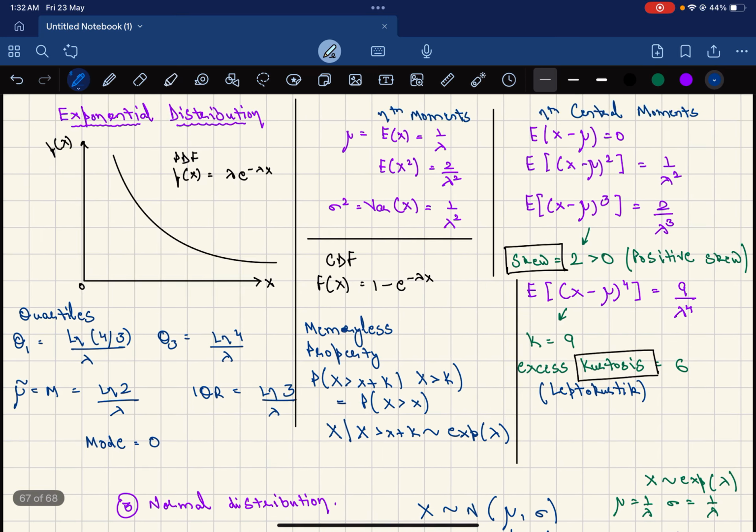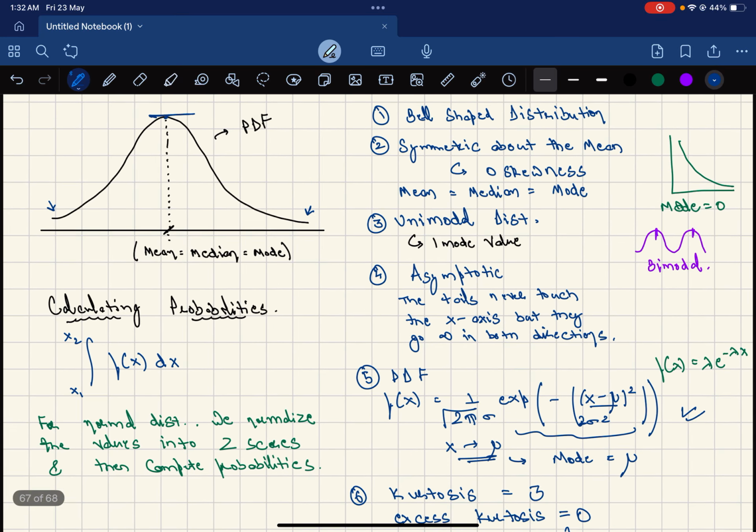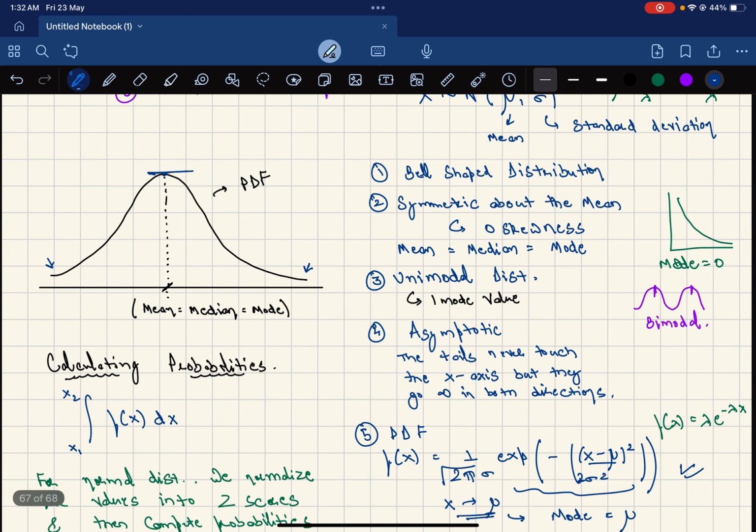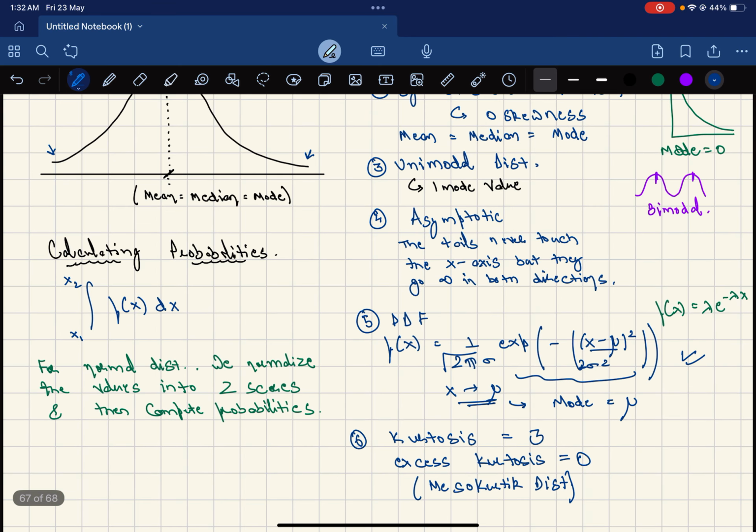So this is it. This was an introduction to the normal distribution. We looked at various properties with respect to the shape of the normal distribution. We also looked at the PDF of a normal distribution, which is given as 1 upon root 2 pi sigma, exponent of minus (x minus mu) whole square divided by 2 sigma square.